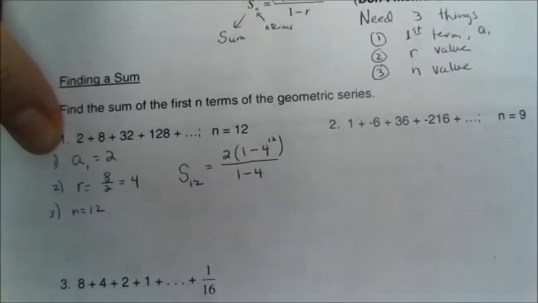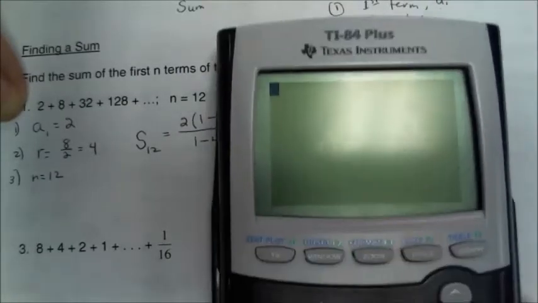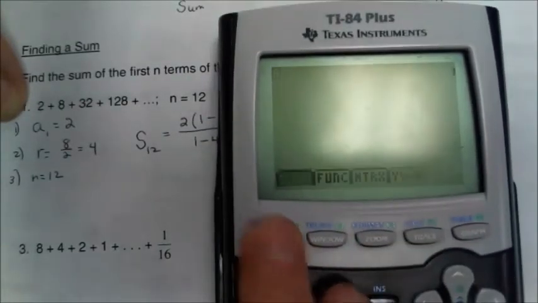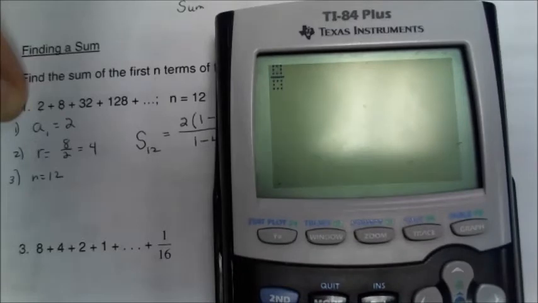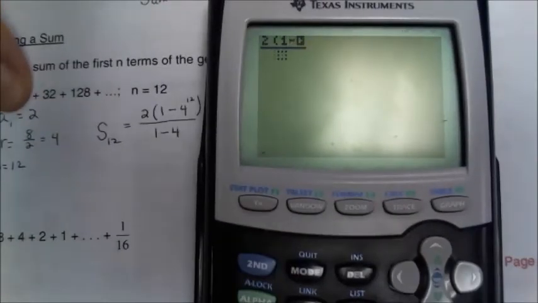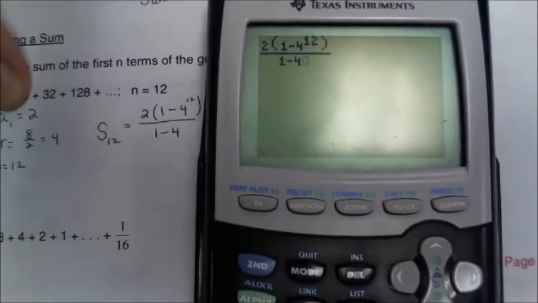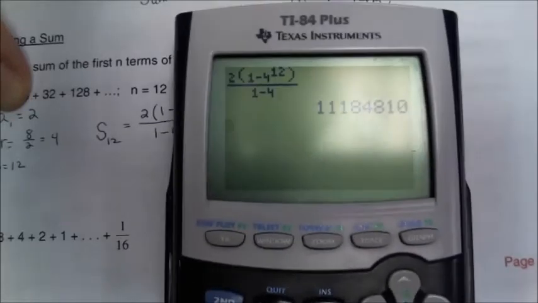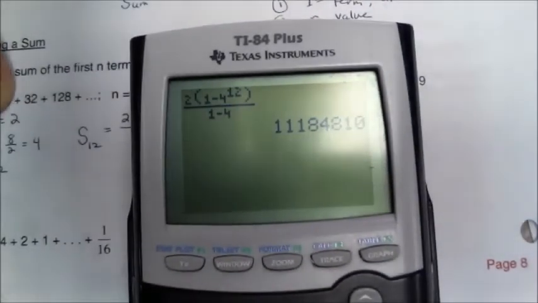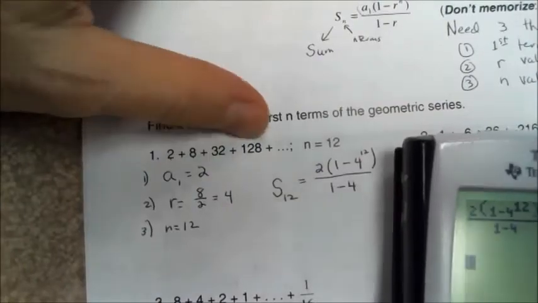Please use the fraction button. The fraction button is alpha y equals option 1. 2 times 1 minus 4 to the power of 12, all divided by 1 minus 4, and that is a pretty big number, which we would probably expect because these numbers are getting very big very fast.